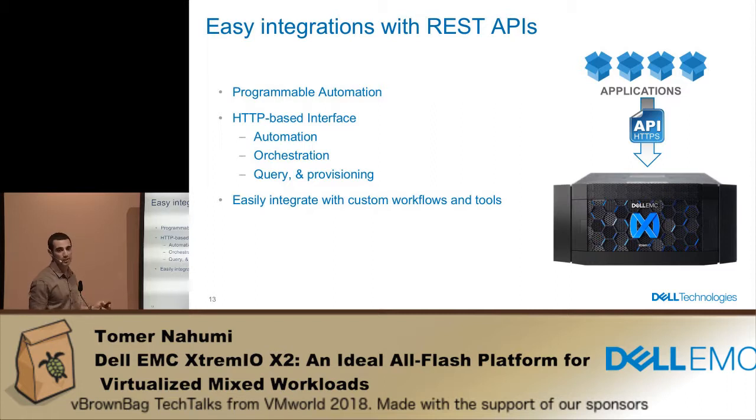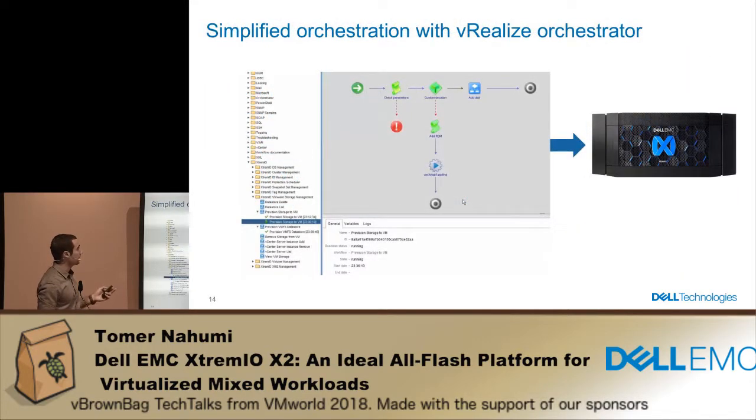And as you know, the whole world is moving toward automation. With this full REST API, you can use vRealize Orchestrator, the orchestrator tool from VMware. Basically, it's free, and we've announced the latest version of our XtremIO plugin, which supports the latest version of XtremIO, 6.2, which we released one month ago.